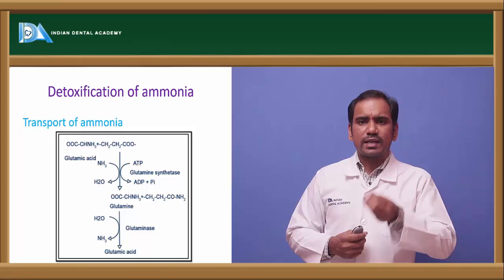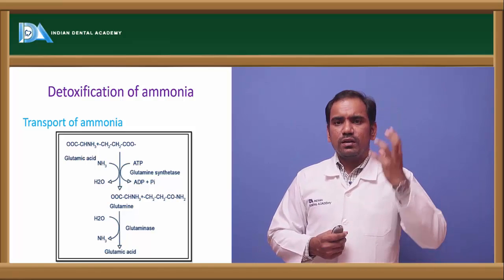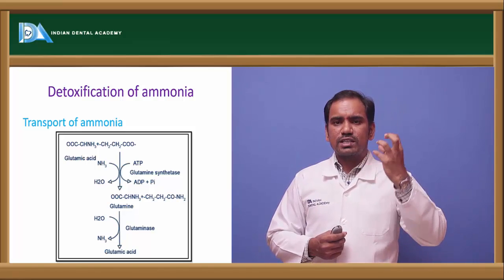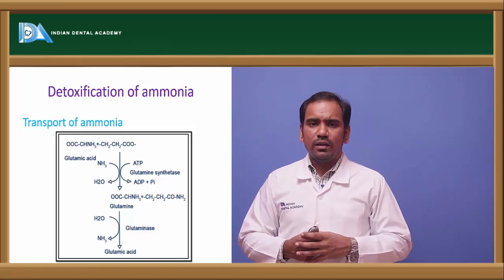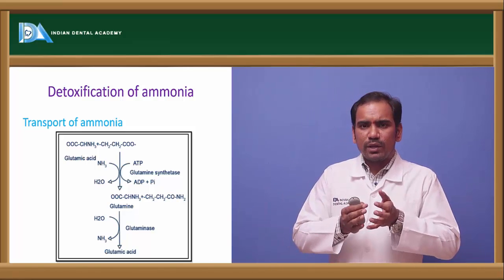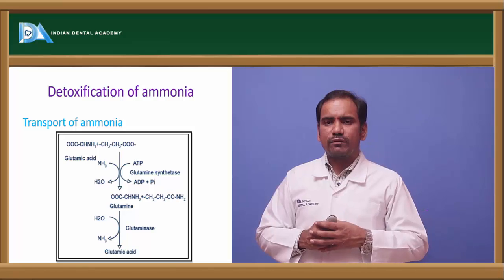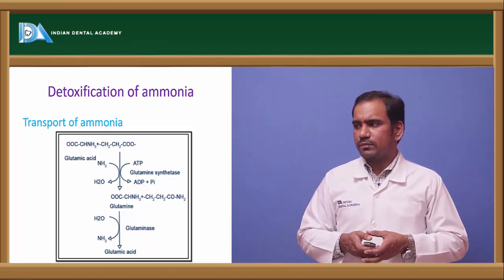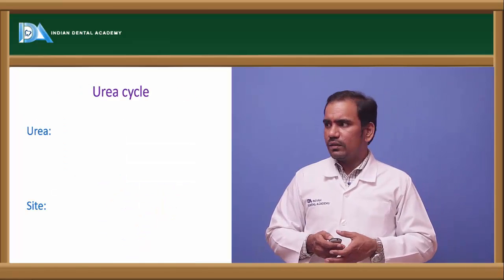So glutaminase acts on glutamine, which is transported to the liver from the brain, and the amino group is released by the action of the enzyme called glutaminase. Right?